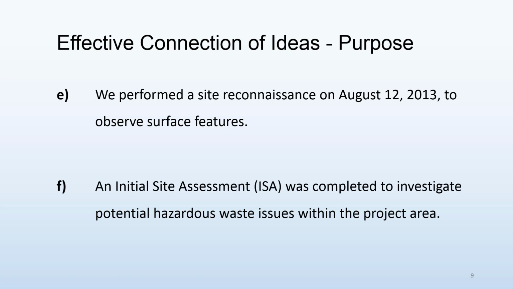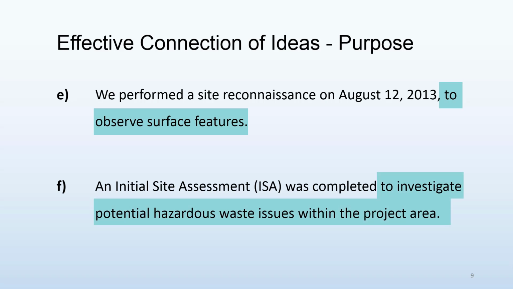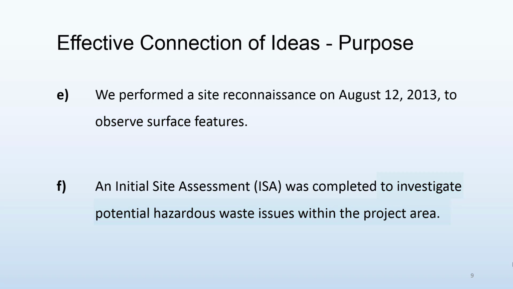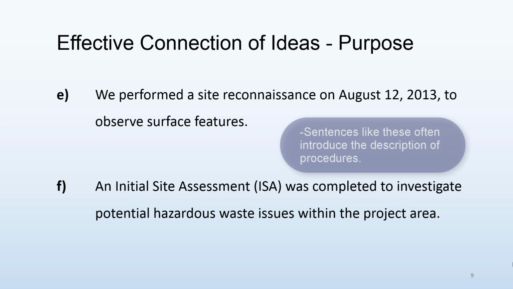An initial site assessment, ISA, was completed to investigate potential hazardous waste issues within the project area. Explicit statements like "to observe surface features" or "to investigate potential hazardous waste issues within the project area" leave no ambiguity about the purpose of an engineer's actions. These types of sentences often introduce a description of procedures.